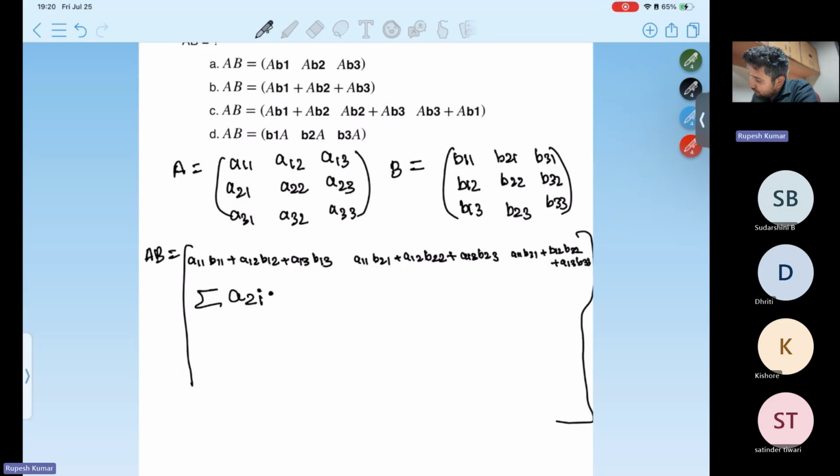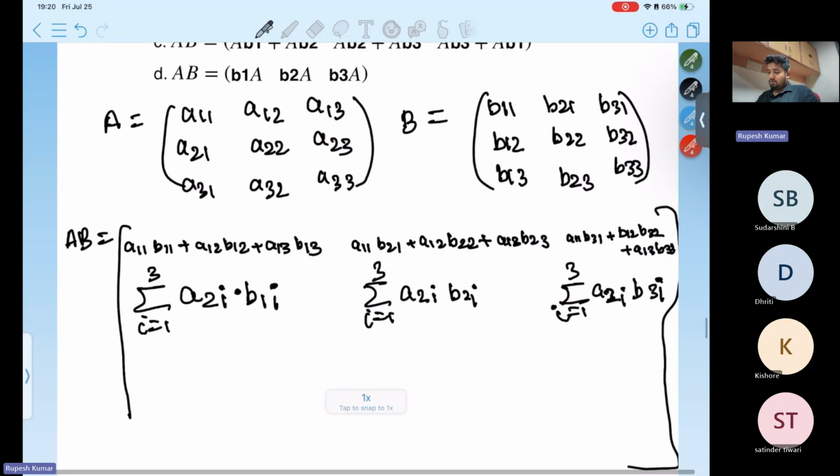Summation of A2i multiplied by B1i, where i equals 1 to 3, then summation of A2i B2i, then summation of A2i B3i, right? What I'm doing is simply compressing them into this summation form.